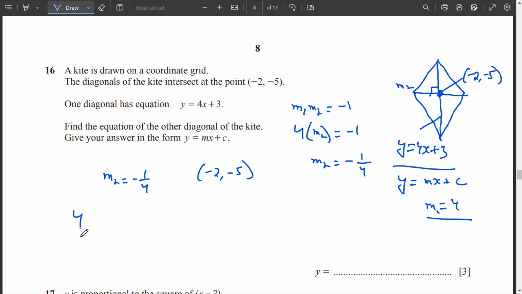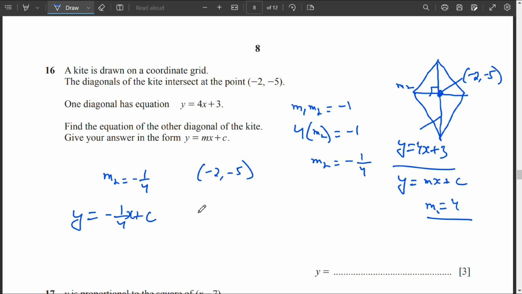So we can write the equation as y = mx + c, where m is -1/4, so y = -1/4 x + c. Now to get the value of c, we substitute the point (-2, -5). Sorry, this should be x.